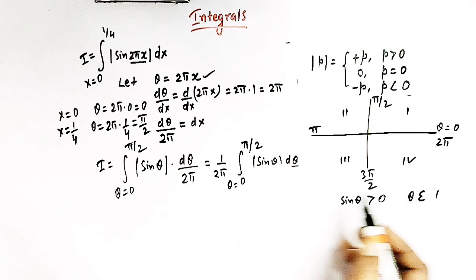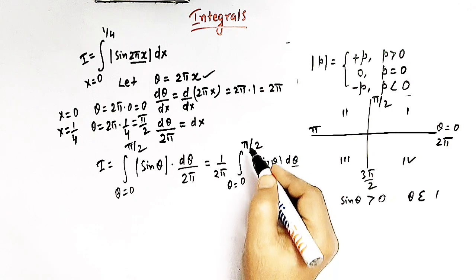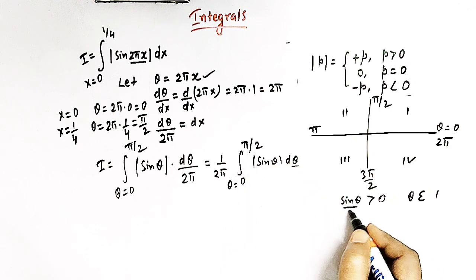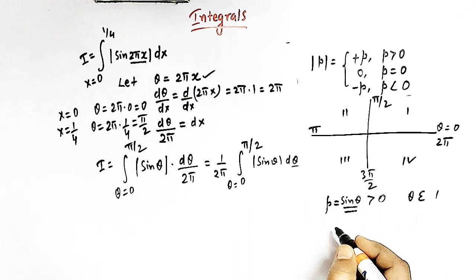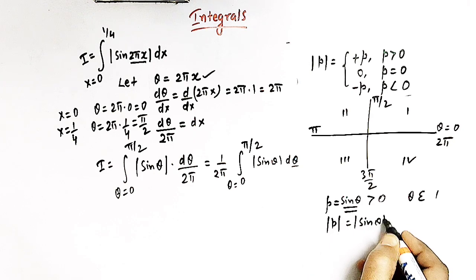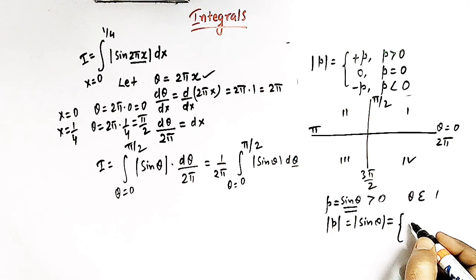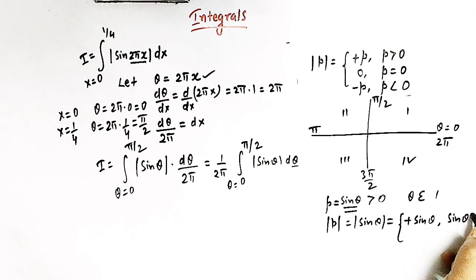And in other words, we can say that when theta belongs to this interval, that is 0 to pi by 2, then sine theta is always going to be positive, right? So if we take sine theta as p, then mod of sine theta is equal to positive sine theta when sine theta is greater than 0, and theta belongs to this interval, that is 0 to pi by 2, right?